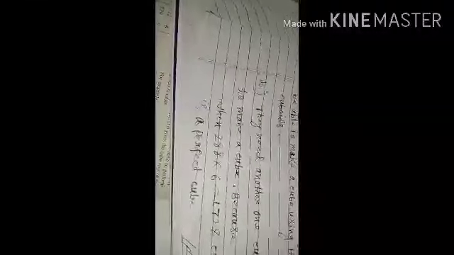If you multiply 288 into 6, then you will get 1728 centimeter cube. 1728 is a perfect cube number. That's why they need another one cuboid. Clear?